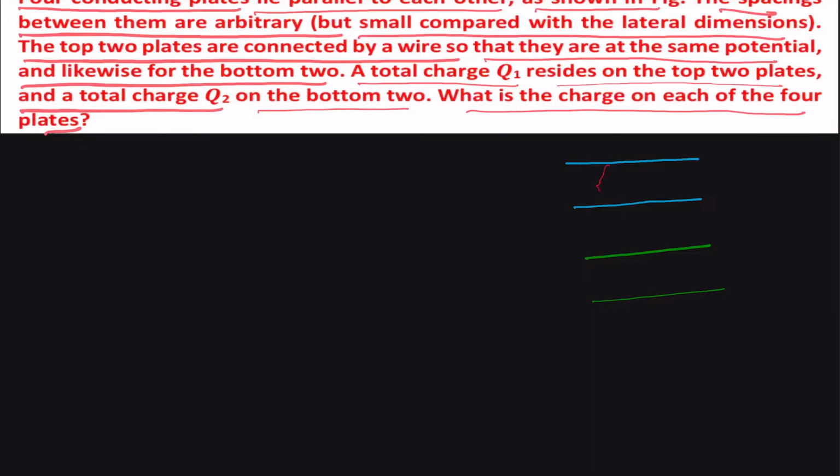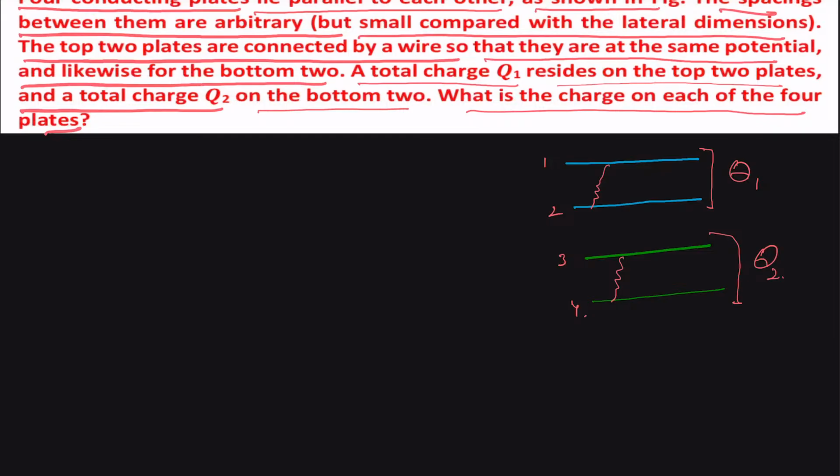So these two are connected to a wire and these two are also connected to a wire. Let us call them plate number 1, 2, 3 and 4. We are given that the top plates have a total charge of Q1, and the bottom ones have a total charge of Q2.